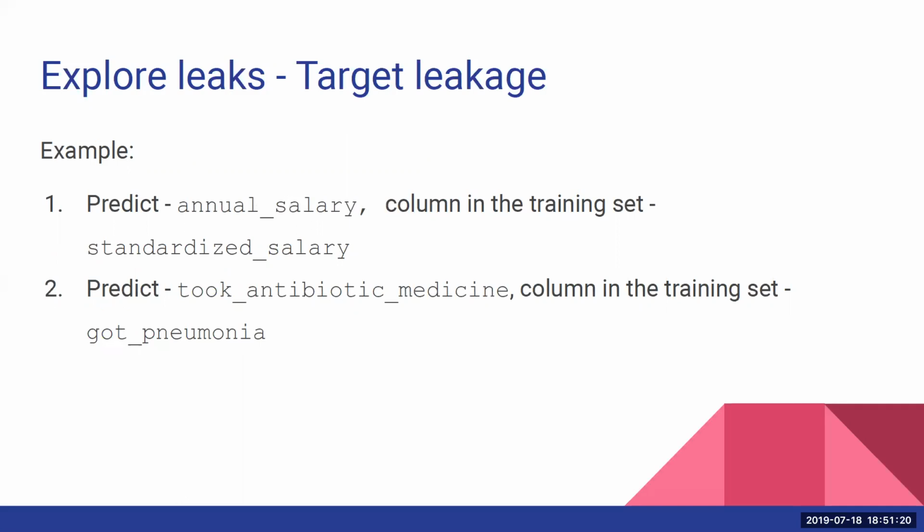It happens because the people who put together these data do not care much about what kind of features they have, or probably they just forgot. Or another example: if you need to predict if a person took antibiotics, and by any chance you have another column in your data called pneumonia, this is surprisingly very highly correlated.